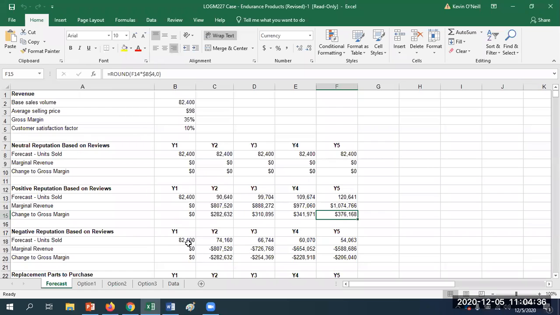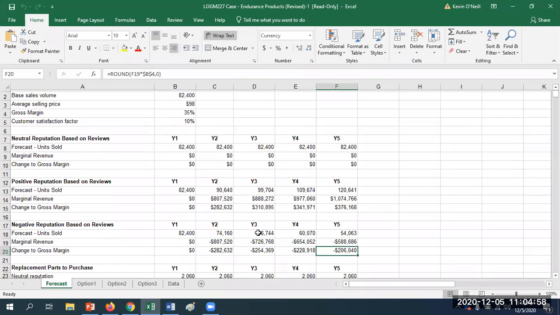Now, if I have a negative reputation, if I continue to have 4% defect rates and my reputation is negative, I can expect sales to fall continuously. If I don't rectify it, sales are going to fall, it's going to cut into my gross margin, and the gross margin is going to fall every single year.